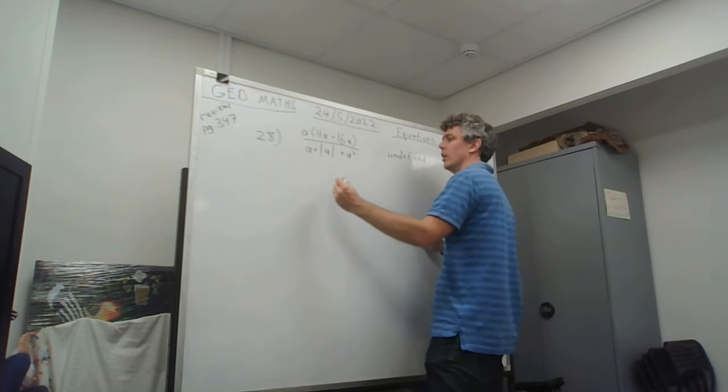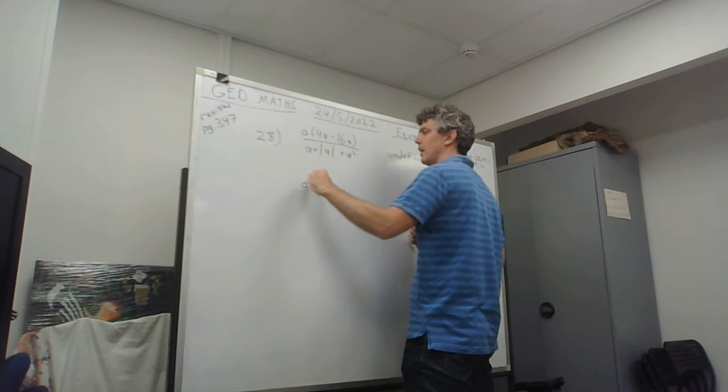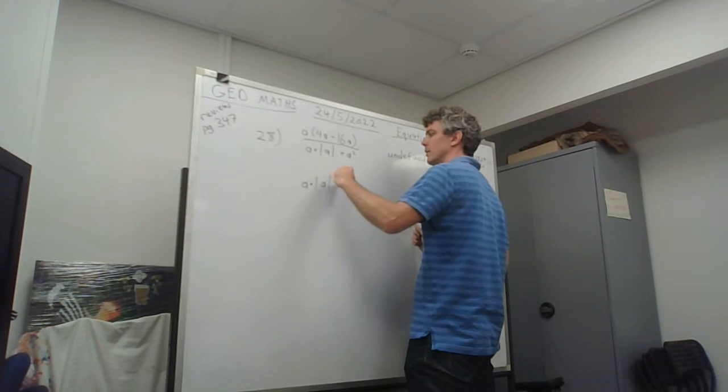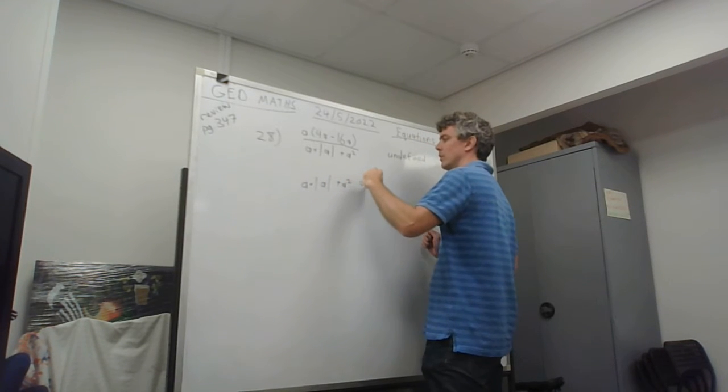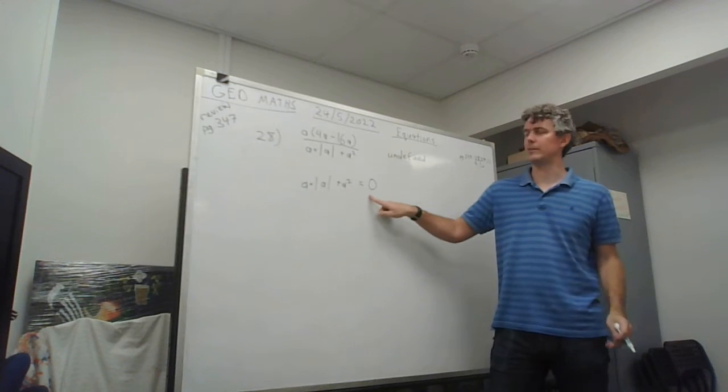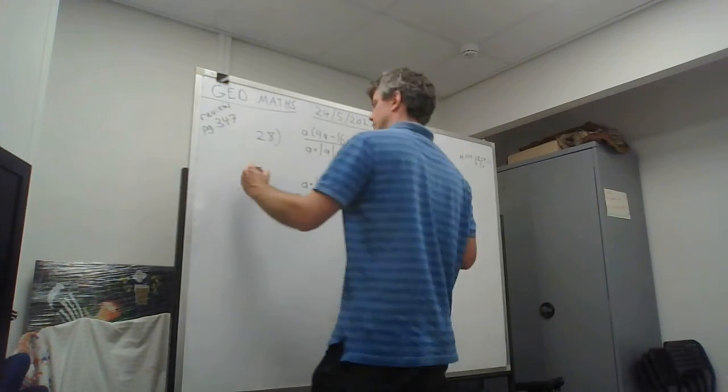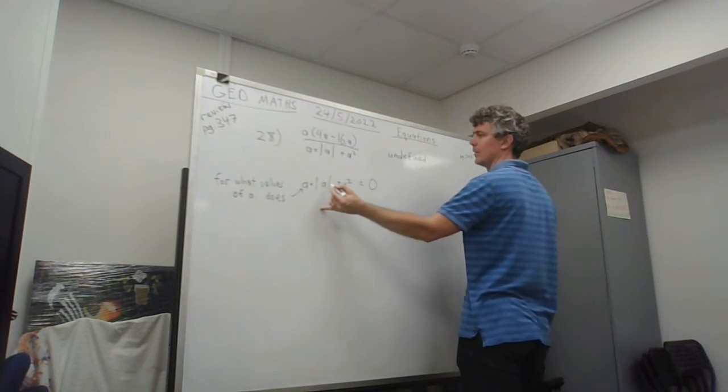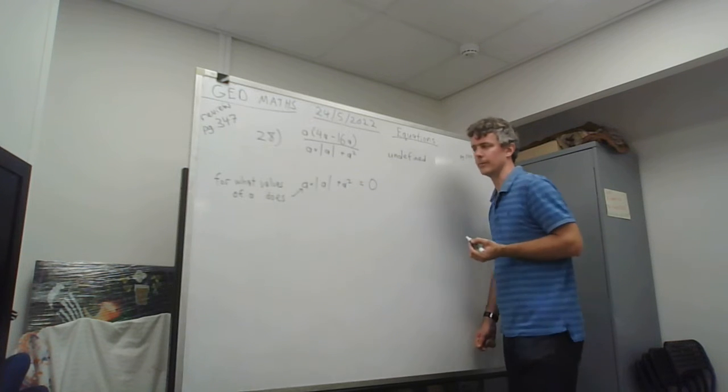So basically we need to know: for what values of A does A times absolute value of A plus A squared equal 0?